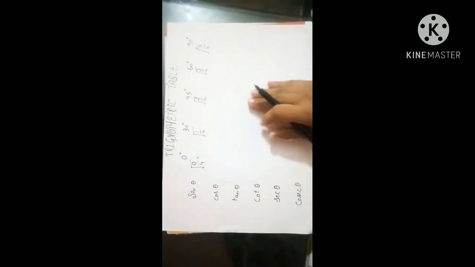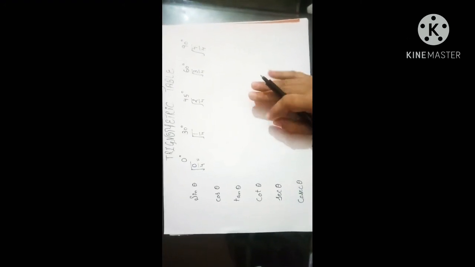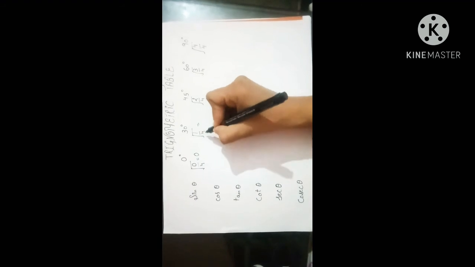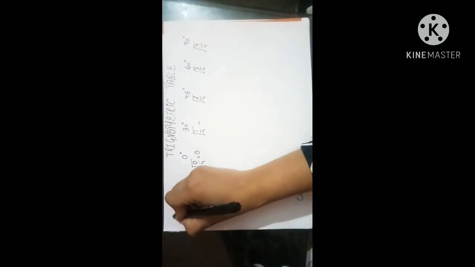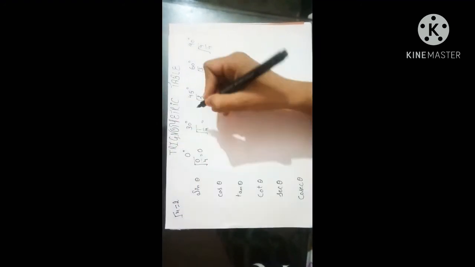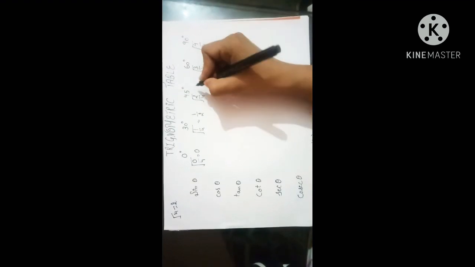Now we know 0 over something is obviously 0, so this value is 0. And what's the square root of 4? Square root of 4 is 2. So I can write here 2, and square root of 1 is 1.